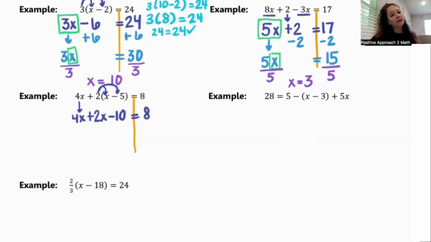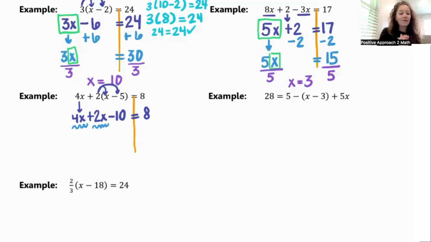Okay? Now, if I look there, not quite a two-step equation yet. Still a little bit more simplifying that needs to be done. So no more parentheses, so no more distributing. But do we have like terms now? Can I condense anything on that left-hand side and combine any like terms before I get it to that two-step equation process? And the answer is yes. I see a 4x and I see a 2x, right?